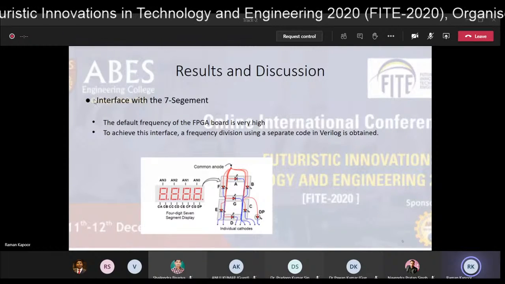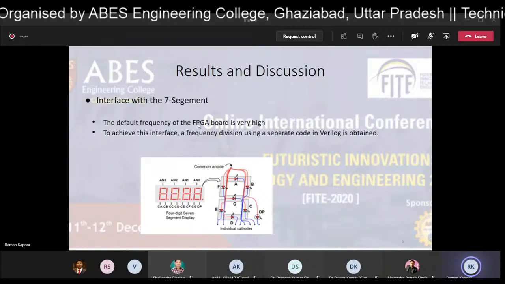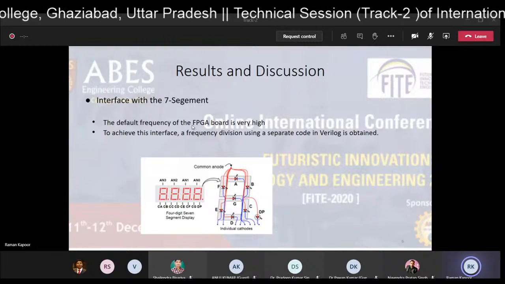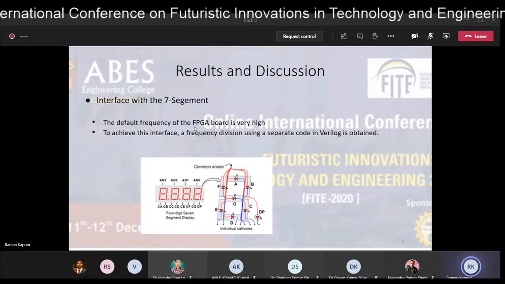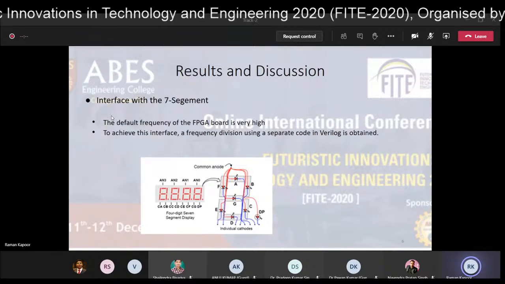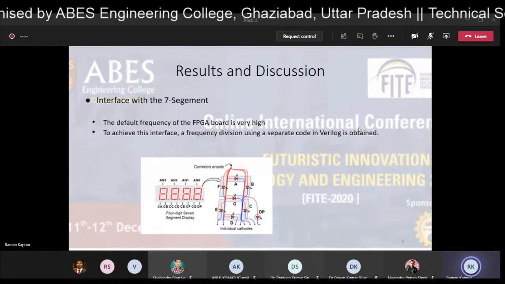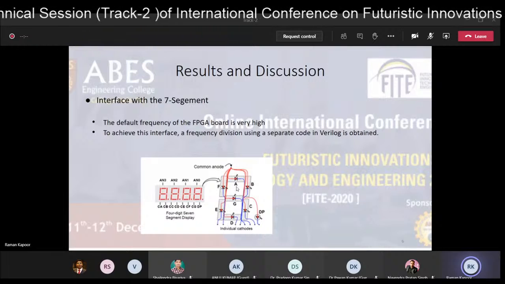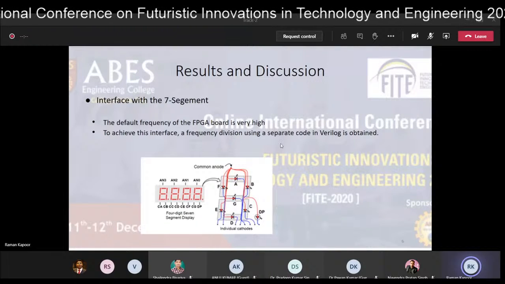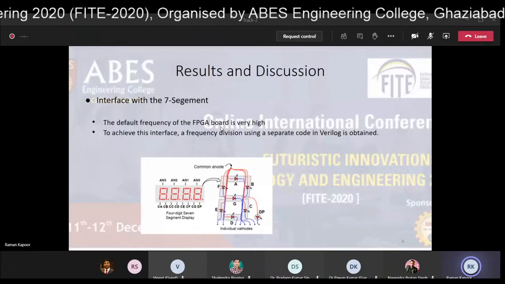There's a small modification required because the FPGA board is a high frequency board. It has a frequency of 100 megahertz, so you're looking at a time period of 10 to the power minus 8 seconds, which is very fast for human observation. So we have also coded a frequency division circuit, dumped inside the FPGA, so that the data comes out slower and is readable by humans.